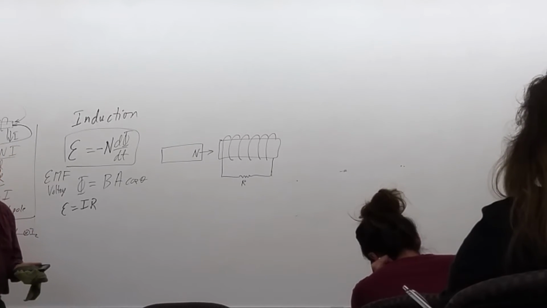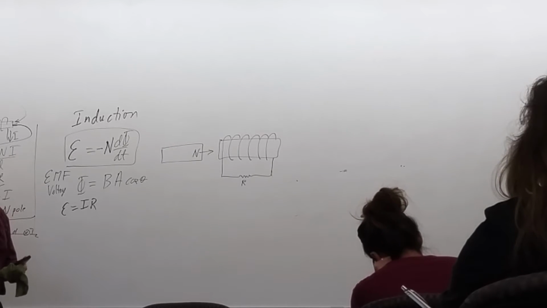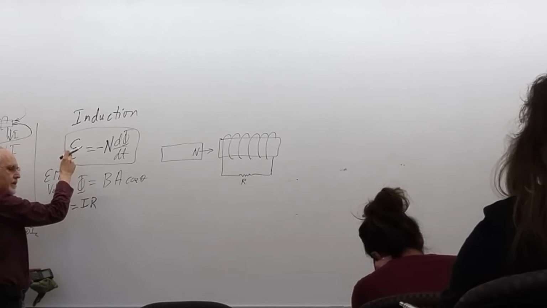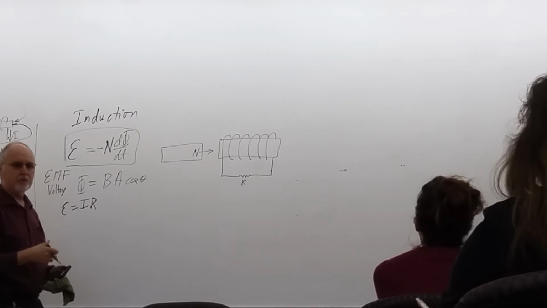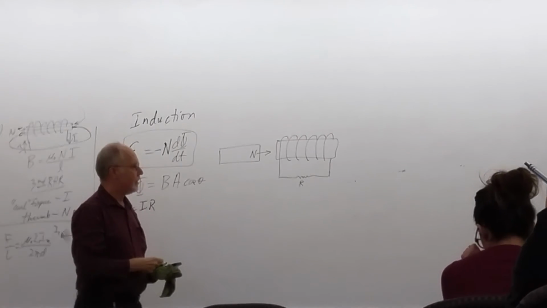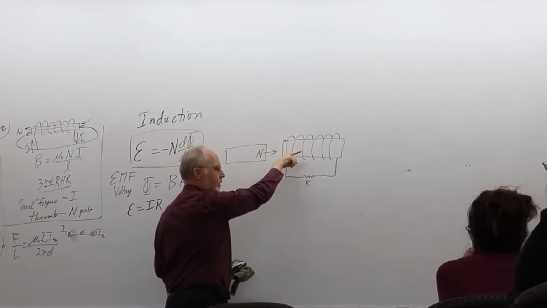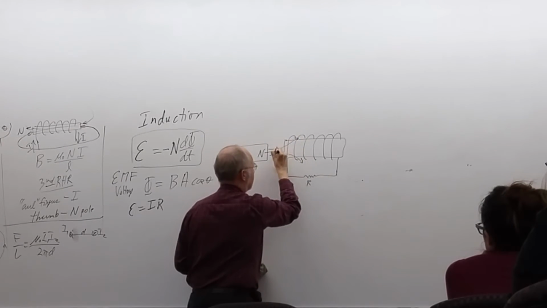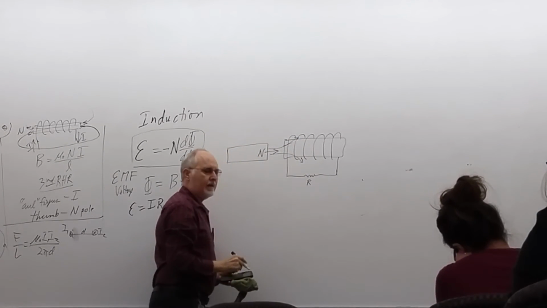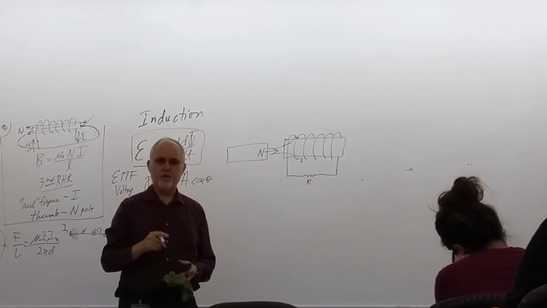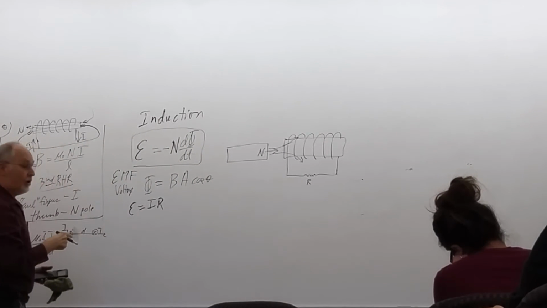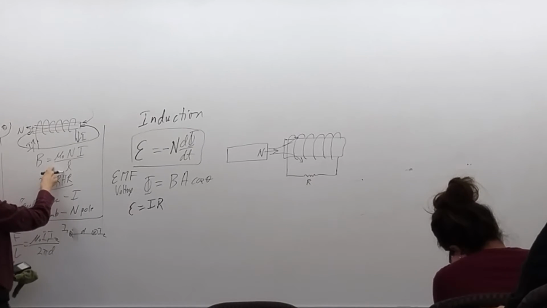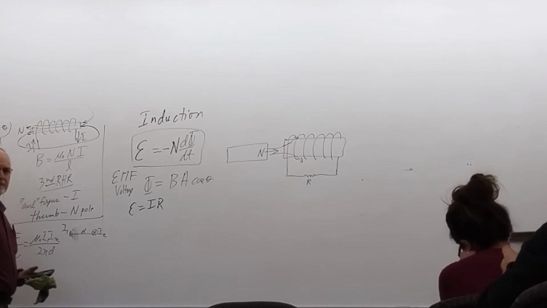I can't get a number, but I can tell you which direction the current's going to be. This negative sign says this induced voltage is going to oppose the changing flux. So if the flux is getting bigger going this way, I'm getting more and more field lines coming into it, then my voltage wants to produce, remember, because current going through a coil, whatever it is, gives us a magnetic field.